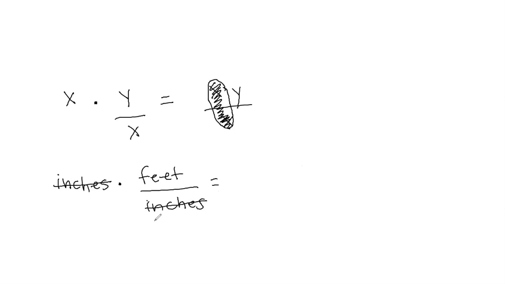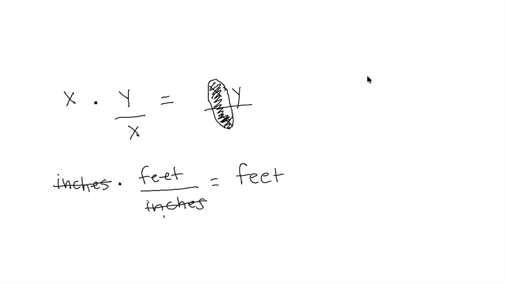Inches over inches is 1, because that's like x over x, it's 1. So those would cancel out, and you would just be left with feet. You can treat units a lot like you would treat an algebraic variable.